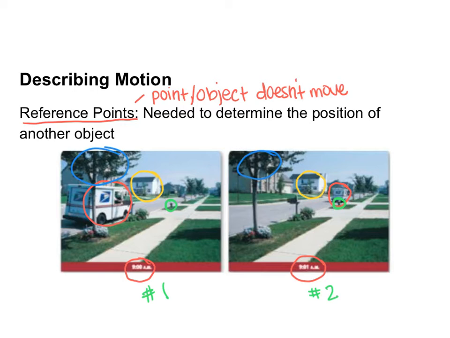Remember, there were two scenarios: did the truck really move, or did the camera person move? We decided the truck moved because we were able to find at least 3 reference points in the picture that showed us that, in fact, the vehicle had moved and not those other objects.